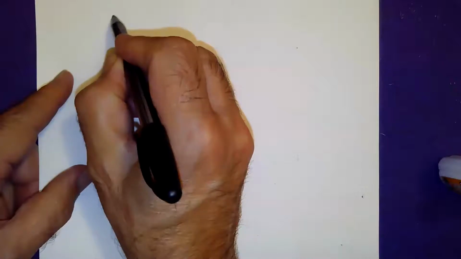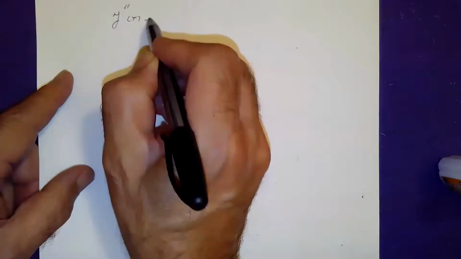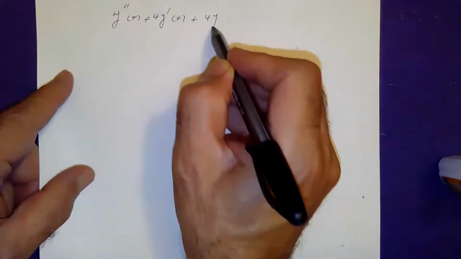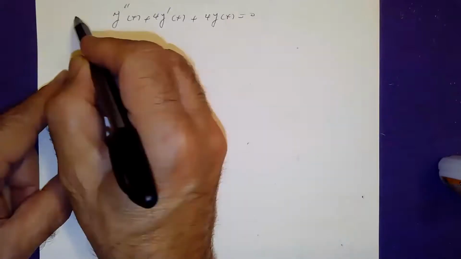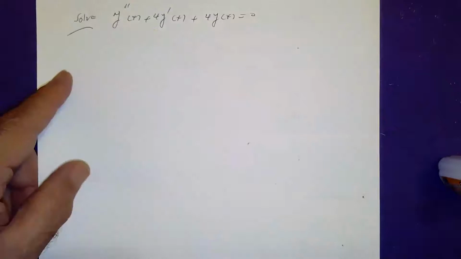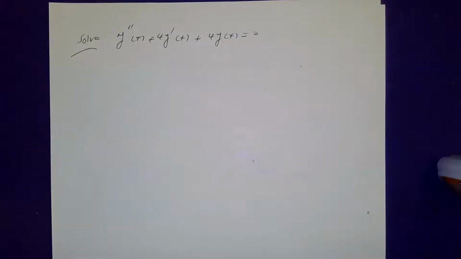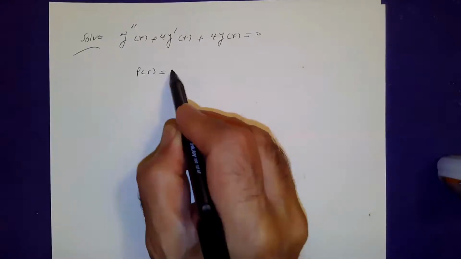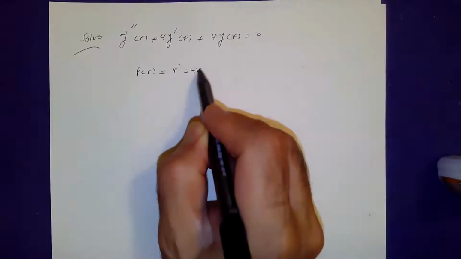Let's say the question is now y double prime of x plus 4y prime plus 4y is equal to 0. Once again, solve. Mayday, mayday, we have a problem. What's the problem? What is my auxiliary polynomial? Is it r squared plus 4r?